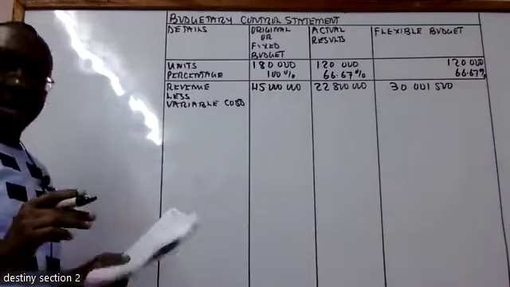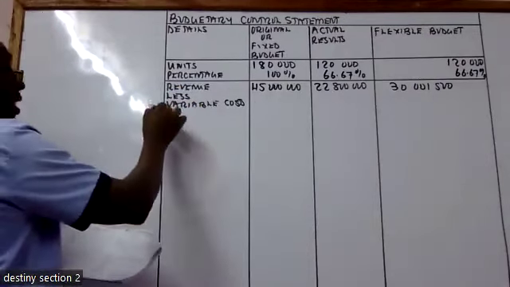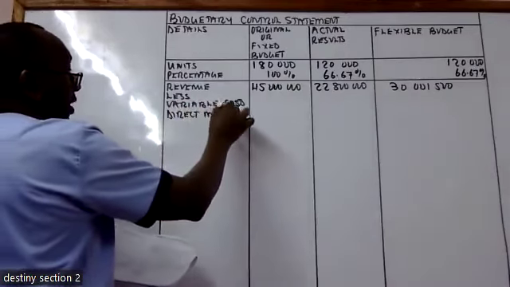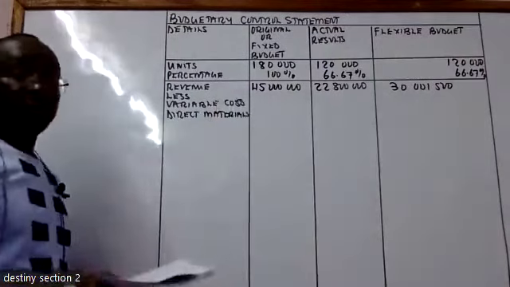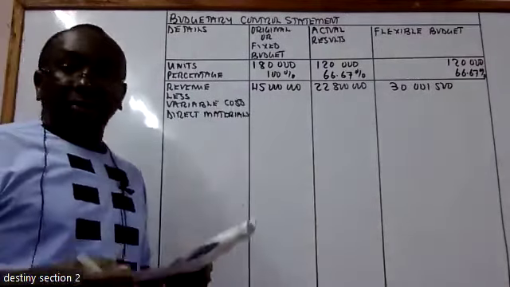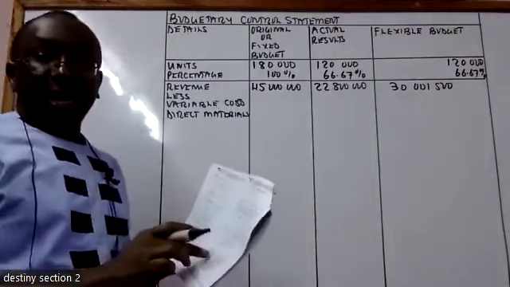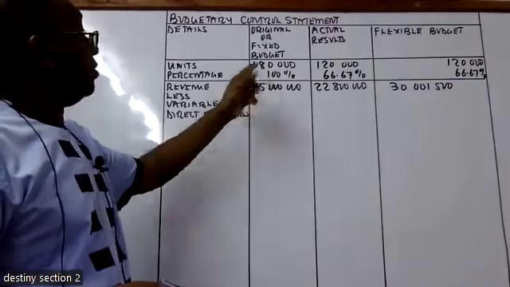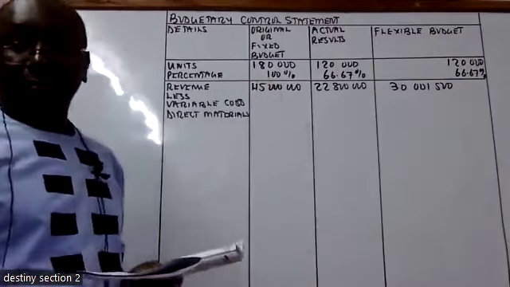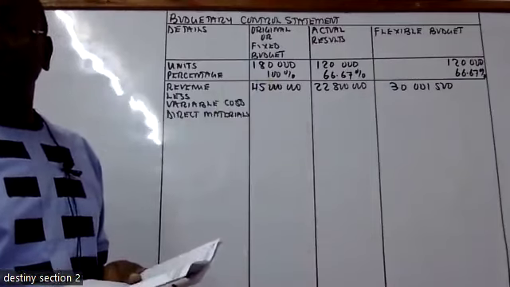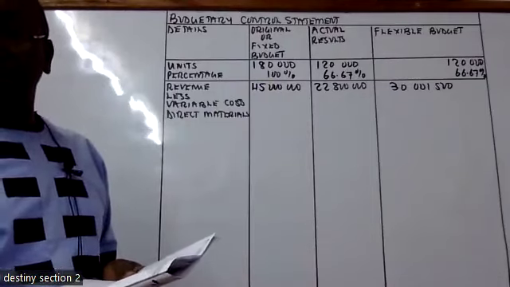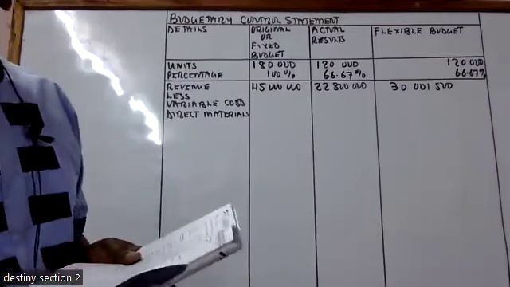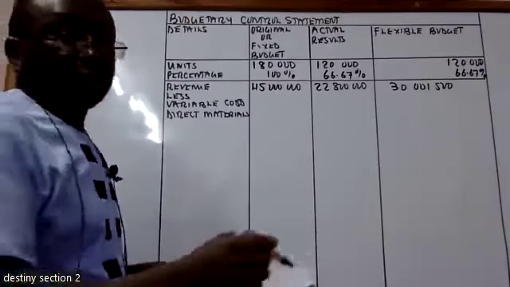So the first variable cost is direct materials. What you do, take that 120. If you look at the standard card, it has 120. So 120 multiplied by 180,000 is 21,600,000.